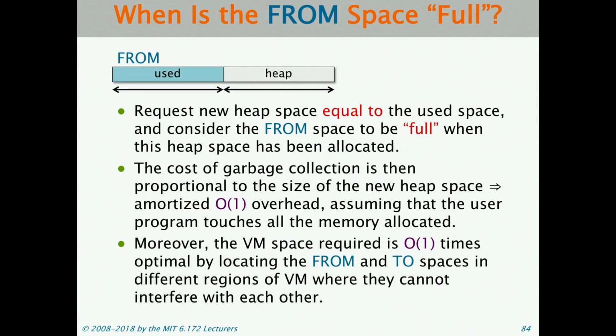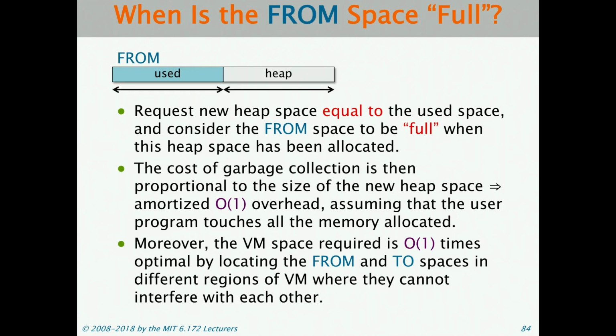And furthermore, the virtual memory space required by this scheme is just a constant times the optimal, if you locate the from and the to spaces in different regions of virtual memory so that they can't interfere with each other. And the reason why it's a constant times the optimal is because you only lose a factor of 2 because you're maintaining 2 separate spaces. And then another factor of 2 comes from the fact that you're doubling the size of your array when it becomes full, and up to half of it will be unused.